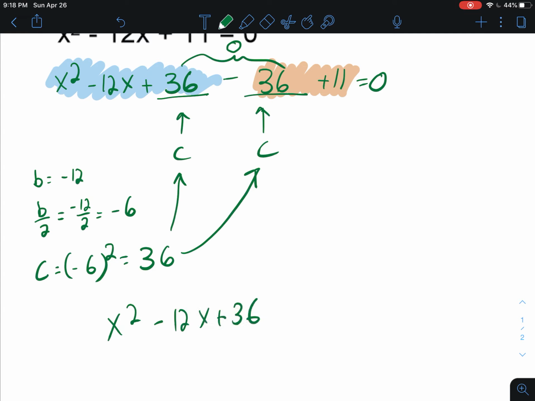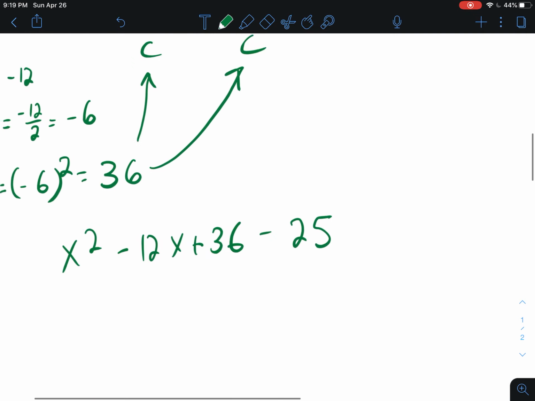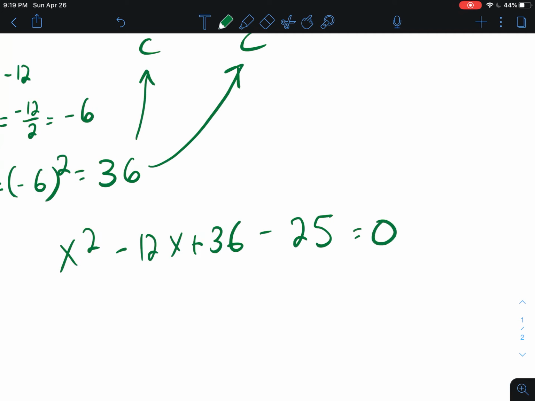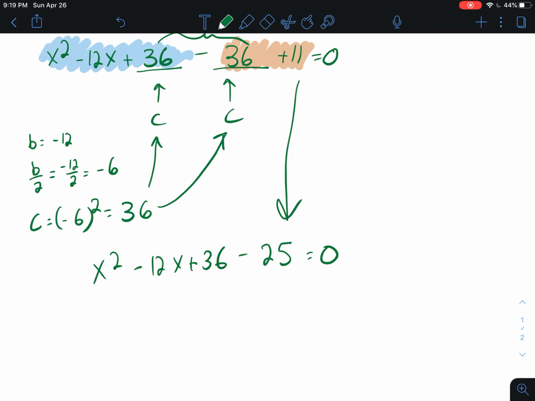And then negative 36 plus 11 is going to be negative 25. If you subtract off 11 from negative 36, that gives us negative 25. So what you do is you add the 25 over to the other side, because this is equal to 0. Just drop it straight down.